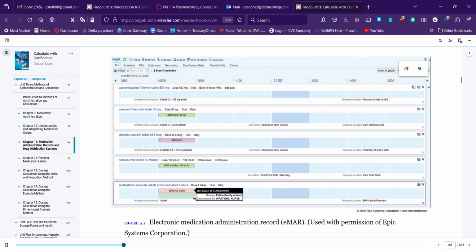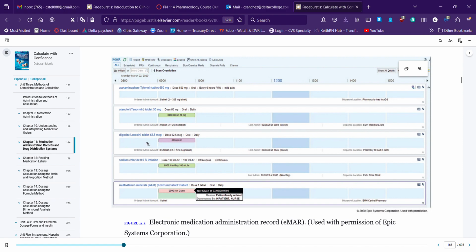If it's a medication that's not given and you click not given, then a little box is going to pop up that you have to explain why it was not given. Then anybody who follows you can hover over that or click on that and see, okay, the patient didn't take it. She didn't take the multivitamins with minerals. Reason why is because the patient or the family refused.